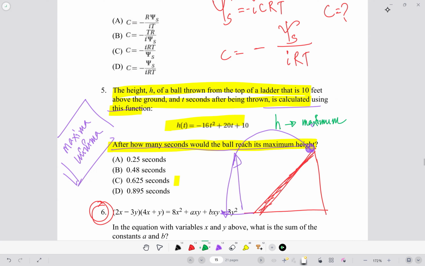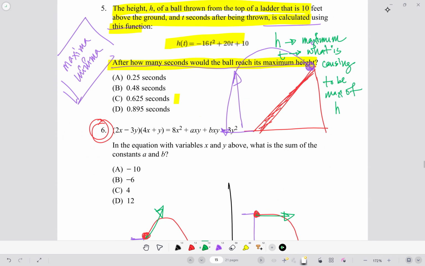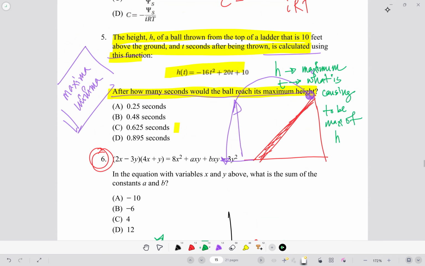And our point of interest is what is causing the maximum of h. So this is the maximum and minimum problem. Just think this equation is just like y equals ax squared plus bx plus c, and for y to be maximum, the value of x is negative b by 2a.